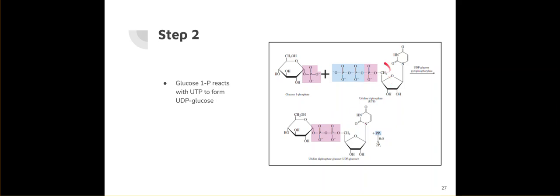So this is uridine with 3 phosphates on it. And it's going to peel off 2 of these phosphates. We see that here. And then this is going to plug into and connect. So it's in effect almost forming a diphosphate bridge between this ribose sugar and your glucose.